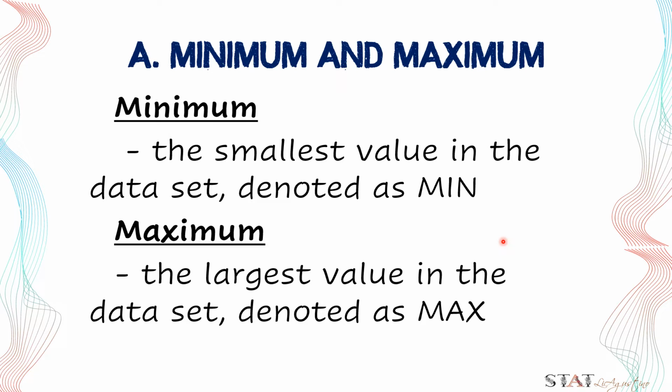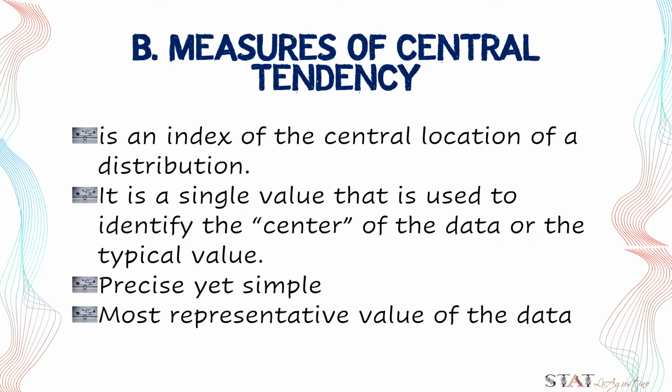I believe you already understand the minimum and maximum by definition: the minimum is the smallest and the maximum is the largest. I think there is no problem with that, so let's proceed.